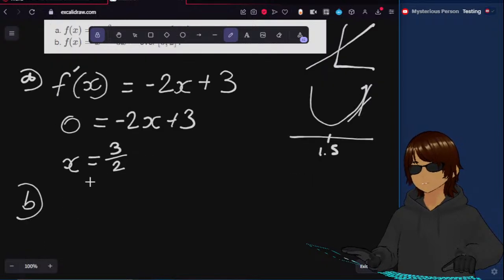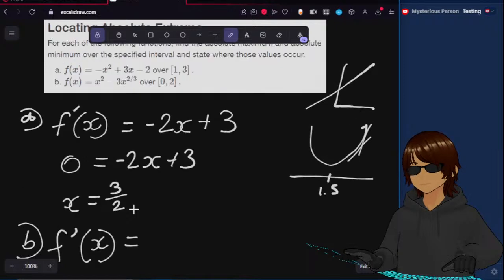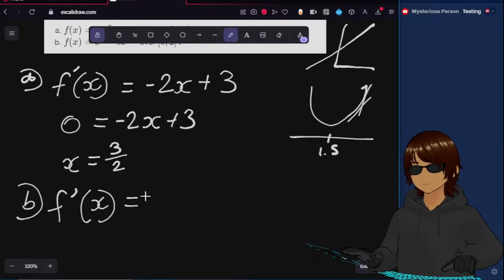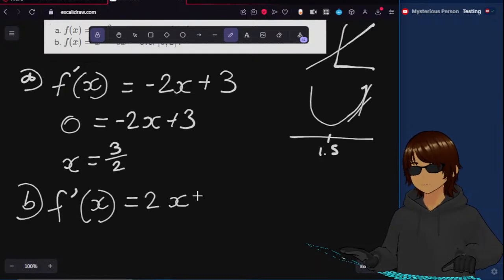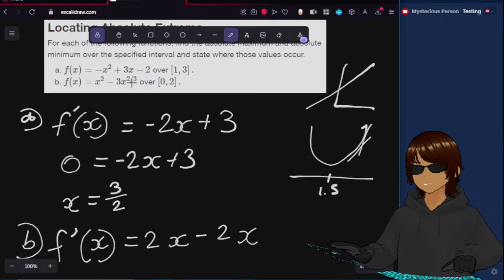Okay, this one is kind of tough. Two x minus 3, and 3 cancels. So 2/3 minus 3/3.